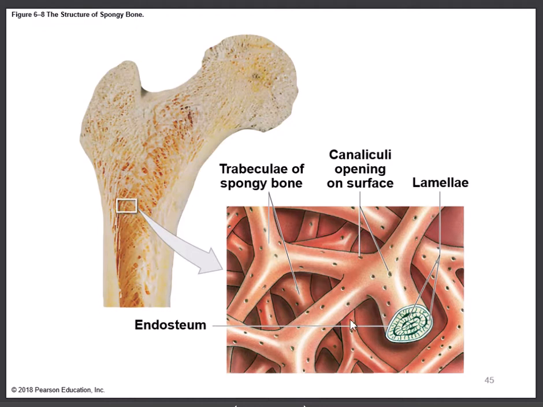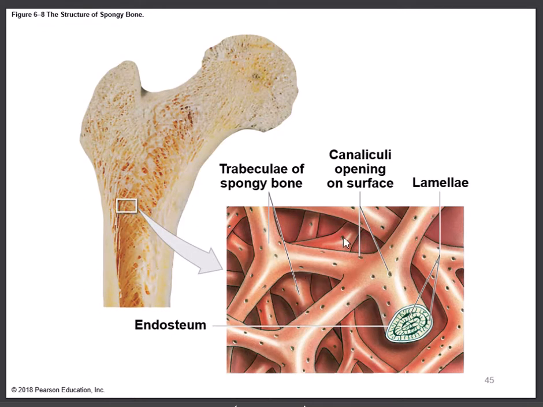Now, if we slice a trabeculae in half and look at it, we're going to see we have lamellae. We're going to have rings, just like we had in the osteon. But notice what's missing in the middle. There are no blood vessels. So that's why it's not an osteon. So the reason we really don't need any blood vessels in these trabeculae is this. These spaces here are filled with bone marrow.